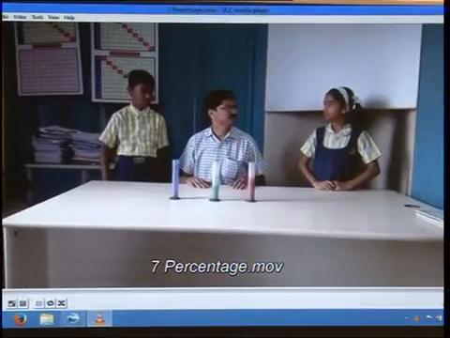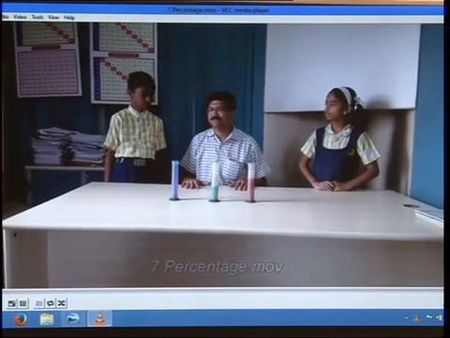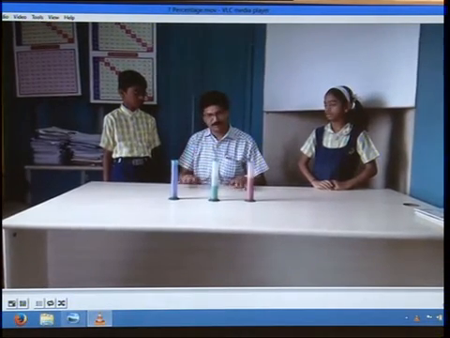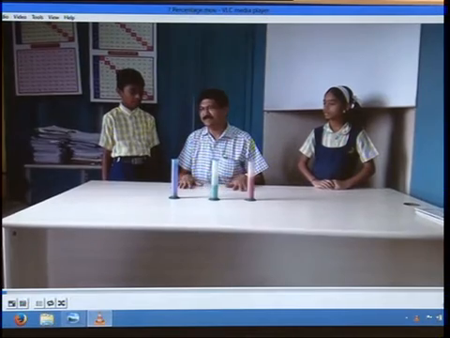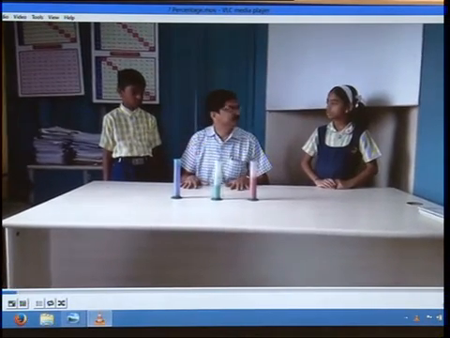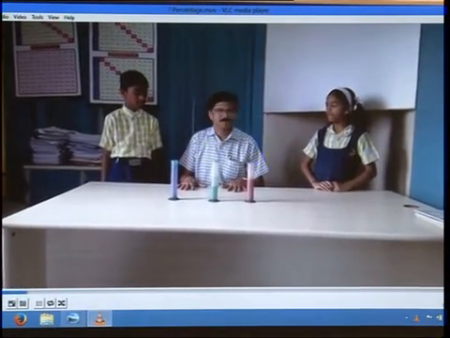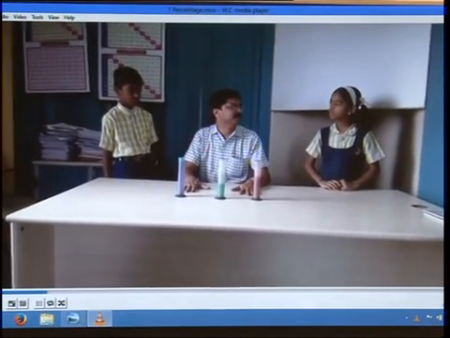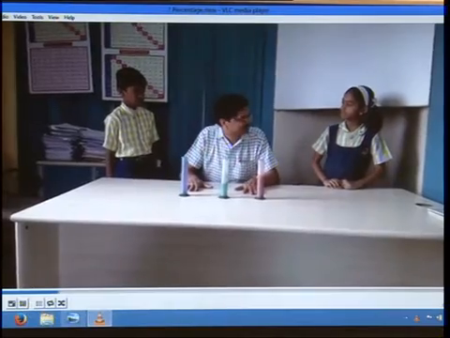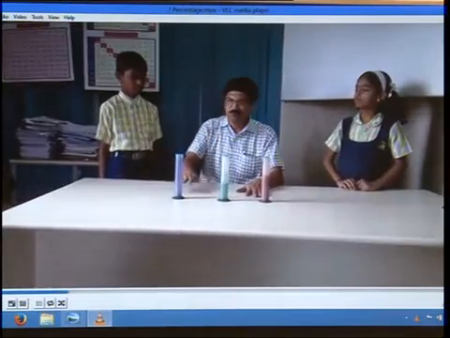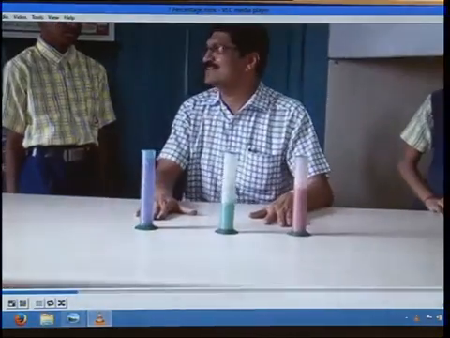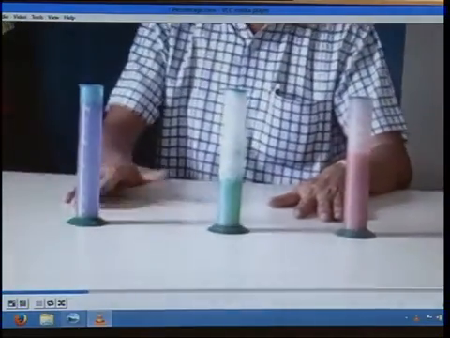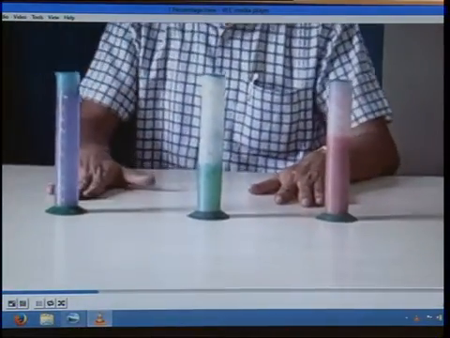As you can see in the video clip, on the top of the table in front of the teacher, there are 3 measuring cylinders which are the same. The capacity of each one of them is 100 milliliters. The teacher gives instructions and information to his students.